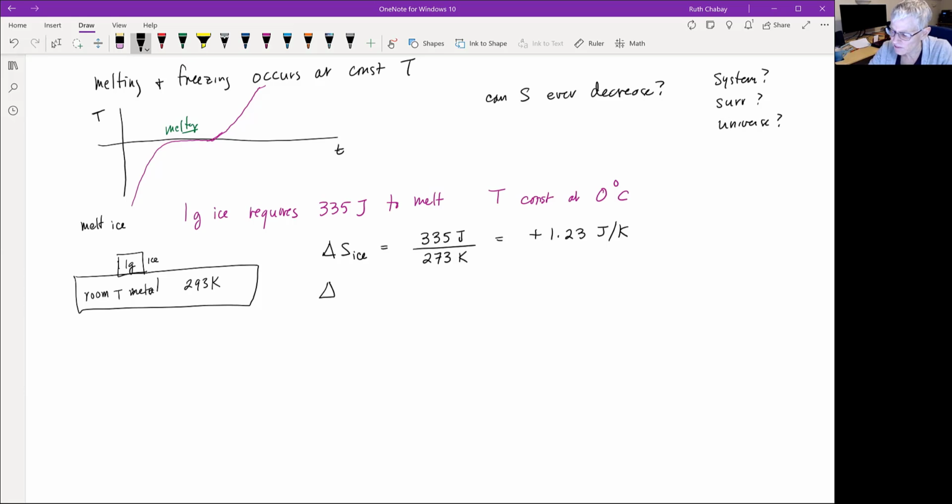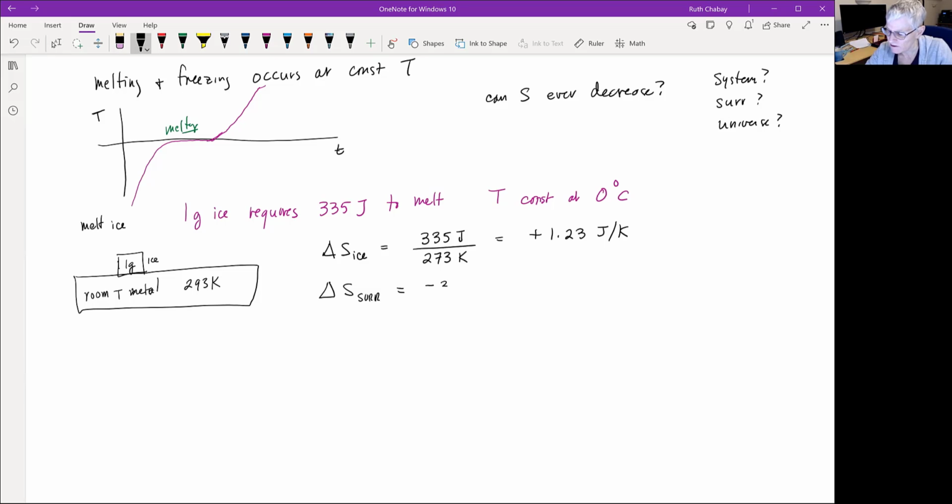The change of entropy of the surroundings, that's going to be the block of metal here. Well, energy flows out of the metal to the ice.